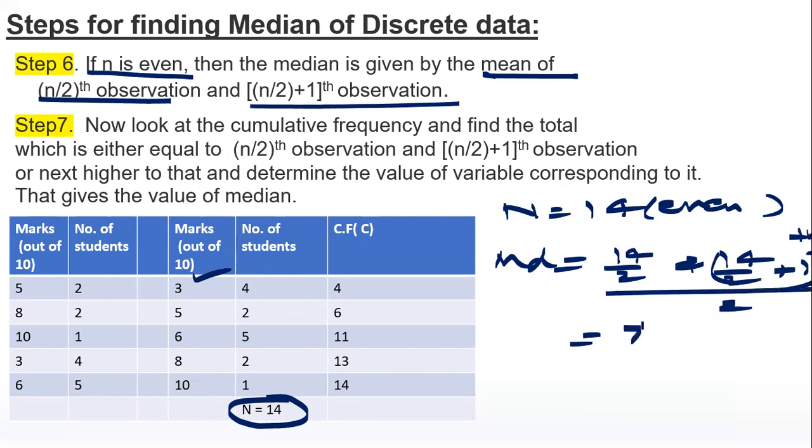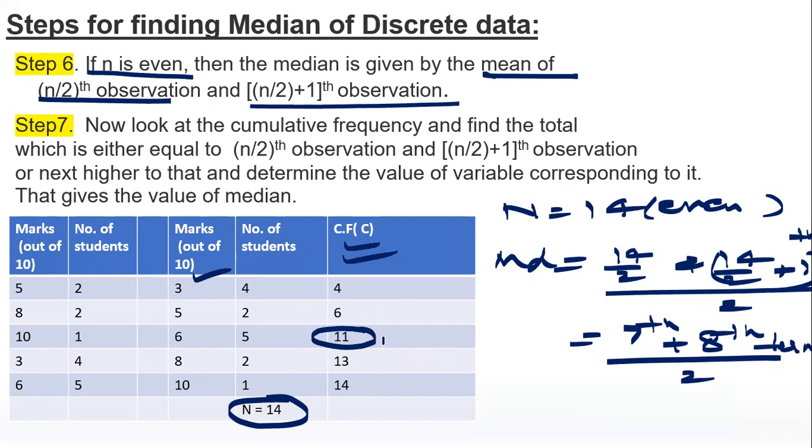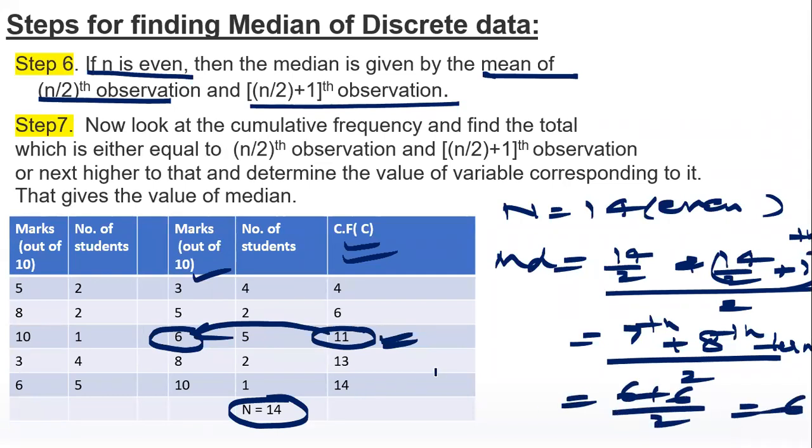That is the 7th plus 8th observation upon 2. Again, from the cumulative frequency column, we will see the 7th and 8th terms. Both terms come in this row, and corresponding to this, the entry of xi will be (6 plus 6) upon 2, that is 6. The median is 6.